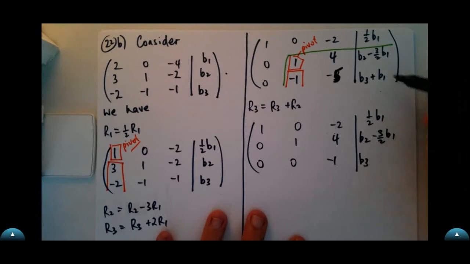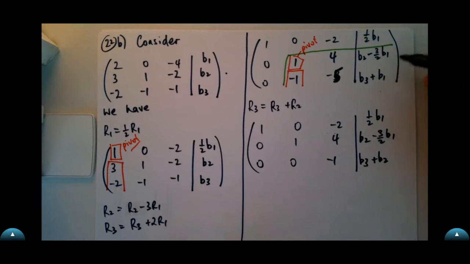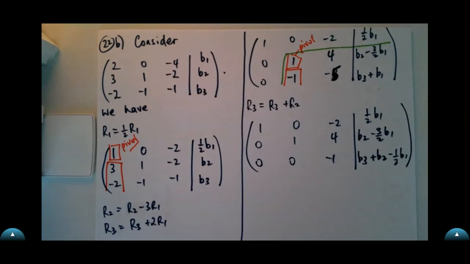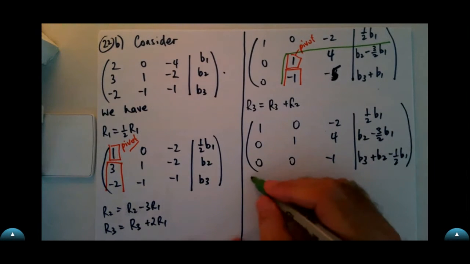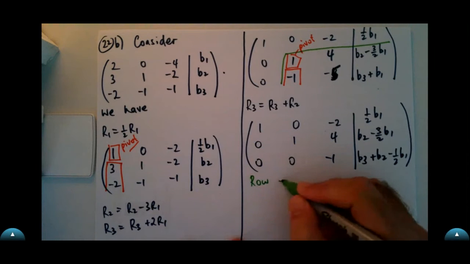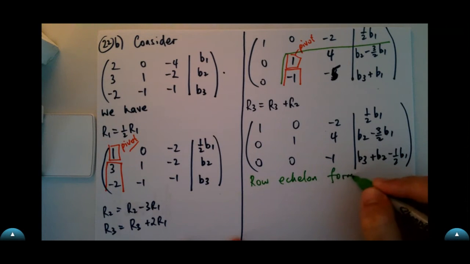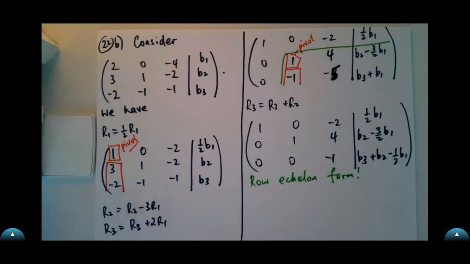So it'll be B3 plus B2 minus a half B1. Okay, so now this is in a row echelon form.